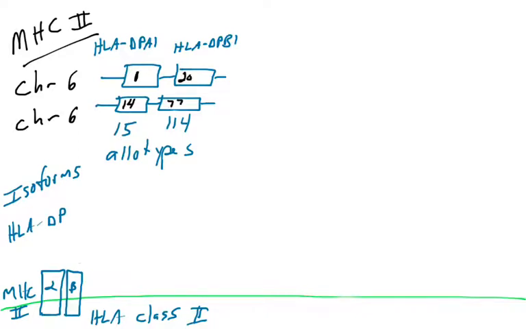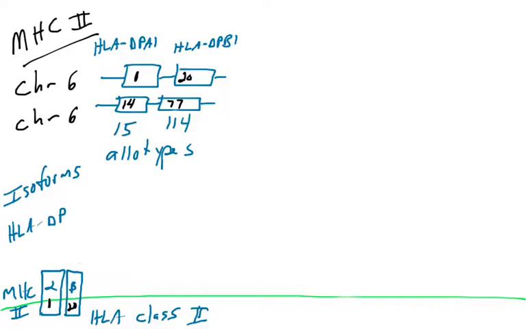So let's say, for example, let's number these alleles. Let's say you inherit on one of your chromosomes 6, DPA1 version 1 and DPB1 version 20, and then on the other chromosome 6, DPA1 version 14 and DPB1 version 77. Right? And so those would encode for proteins. And so typically the proteins on one chromosome, the A and the B gene, make proteins that join together in a complex.